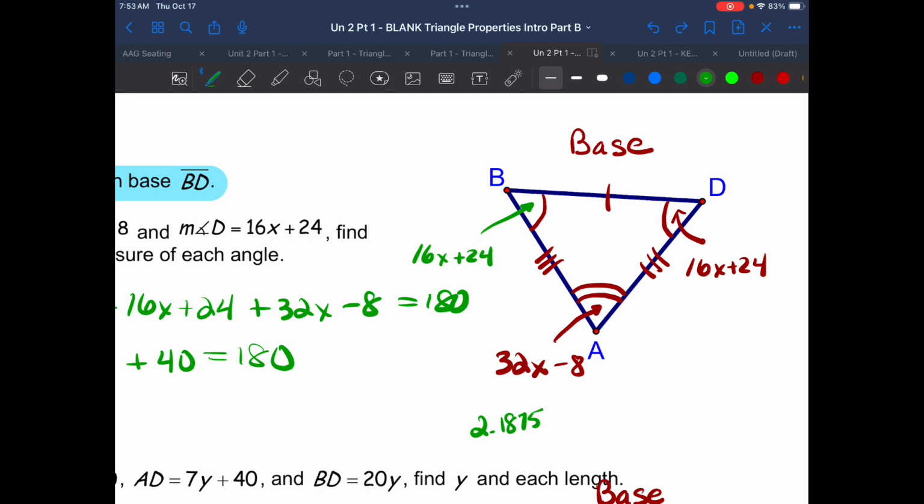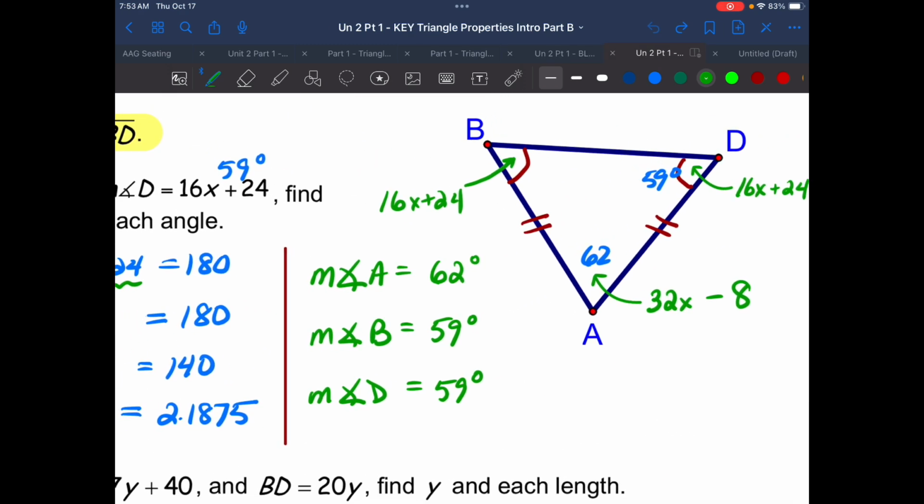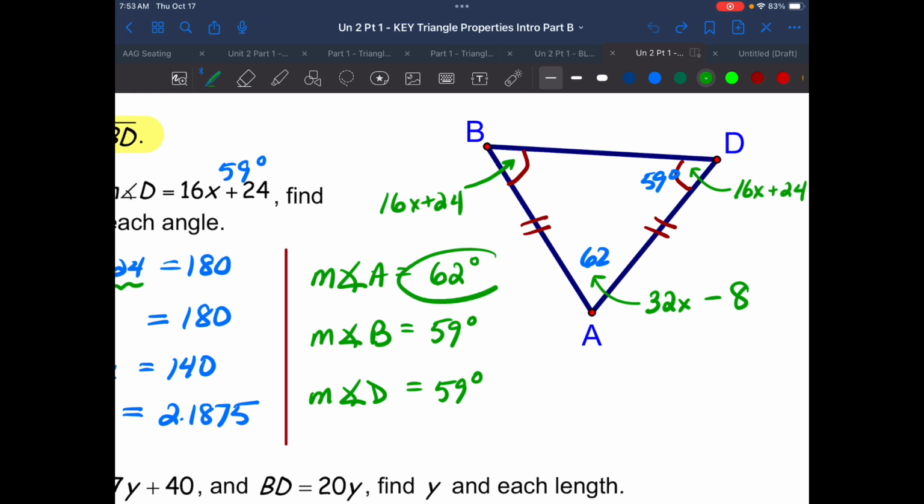After plugging this in, what's the measure of angle A? All right, and I think we should get 62 degrees. Okay, so actually that kind of messy decimal right there, 2.1875, gives you a nice whole number answer when you plug it in.